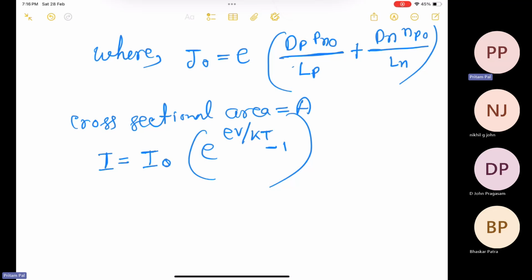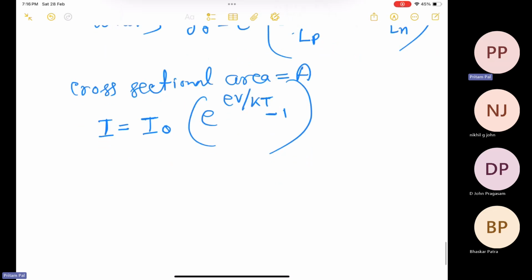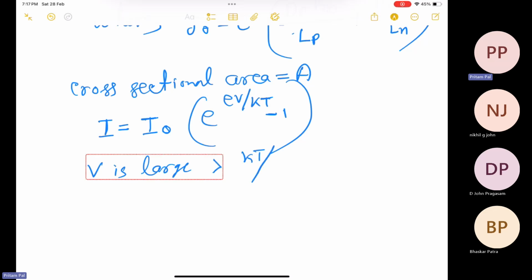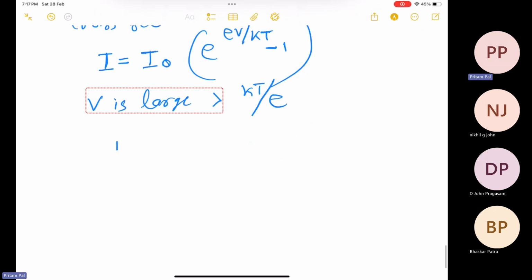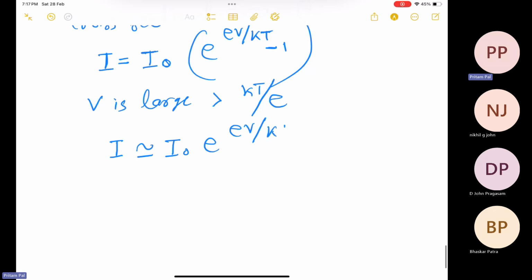When eV is large compared to kT, then you get I naught e to the power eV by kT.